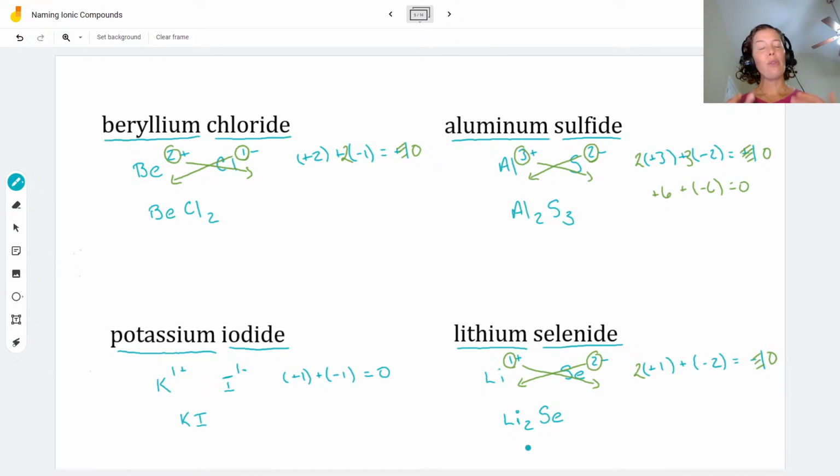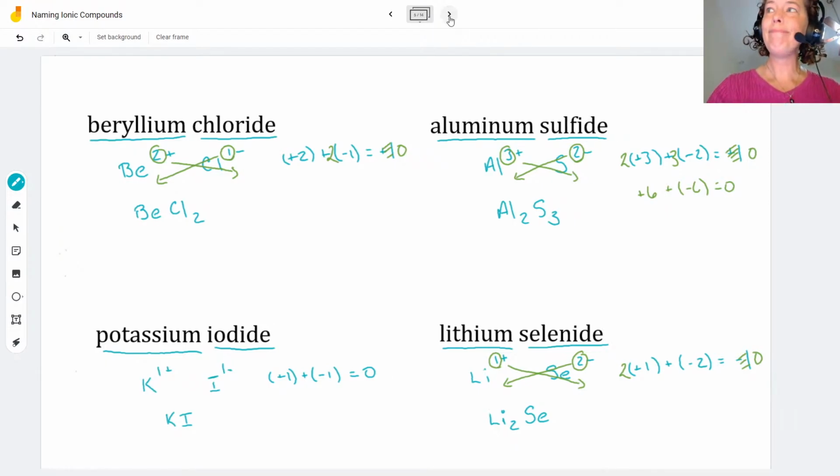Crisscross is great, but if it doesn't make sense to you and you like the algebra better, go with the algebra. If you don't really like the algebra, go with the crisscross, but be a little bit careful with it. We're going to see examples where crisscross is going to mess you up. So these are all our monoatomic ions, and next I want to start introducing our polyatomic ions. Let's make sure there are no questions before I go on.